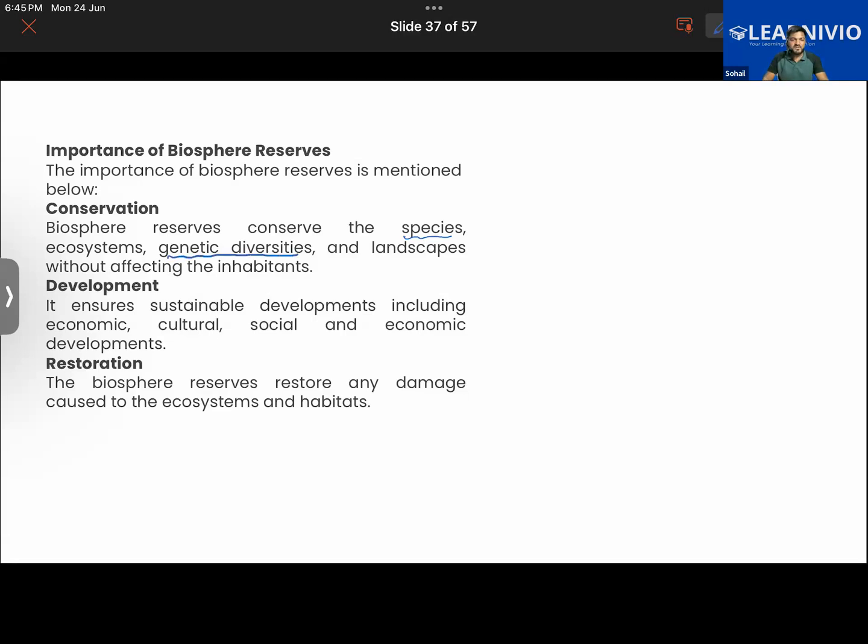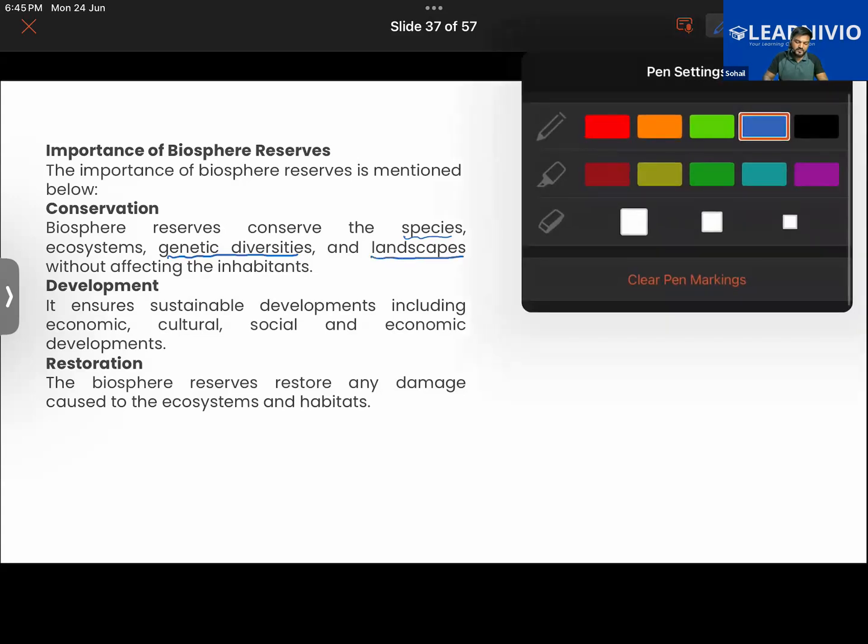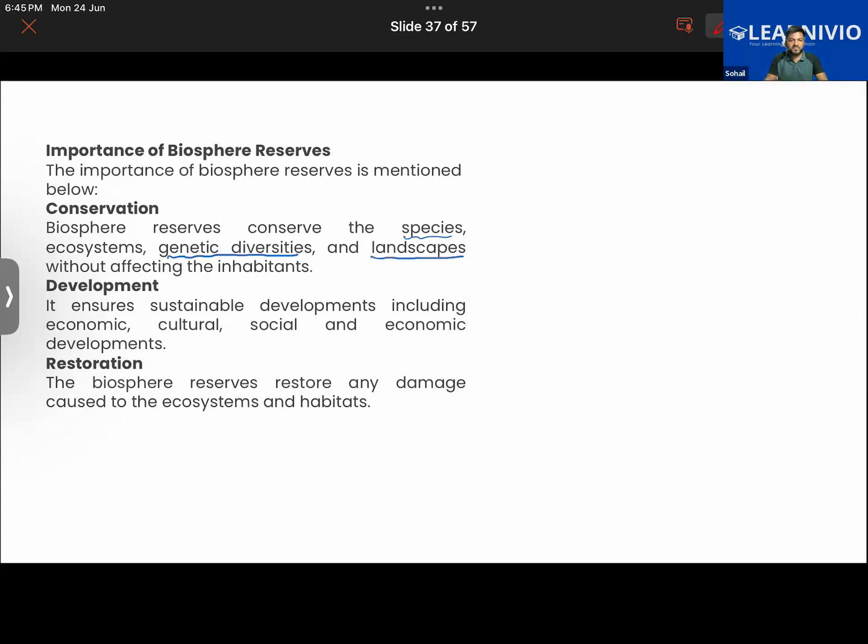Genetic diversity basically refers to how two animals or two plants have genes that are different from each other. Their physical and internal characteristics are different from each other. So in that sense, it talks about genes. And their habitat, the landscape here, basically refers to the kind of area in which they are living.